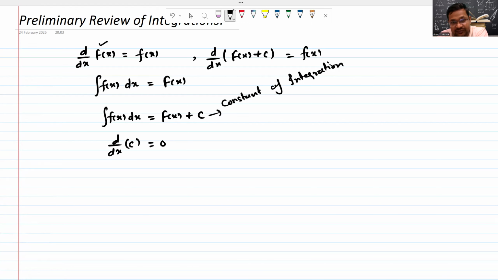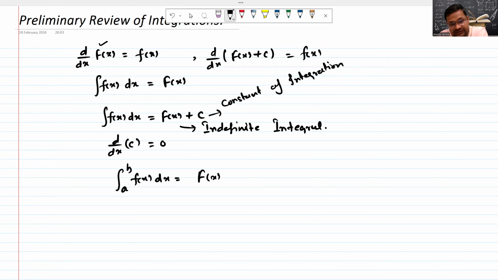Okay, so this type of integration is called an indefinite integral. And if we set some boundary, like a to b, and this is the integral of f(x) dx, and you integrate, this is F(x) plus c, and you apply the limits a to b, then you have F(b) plus c minus F(a) plus c.